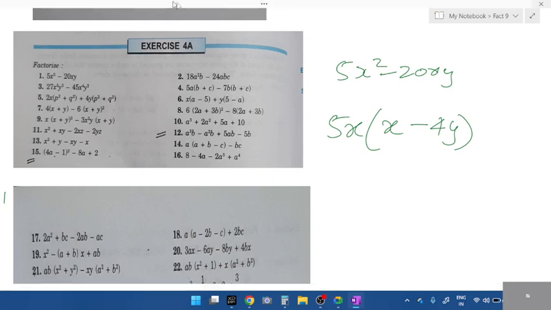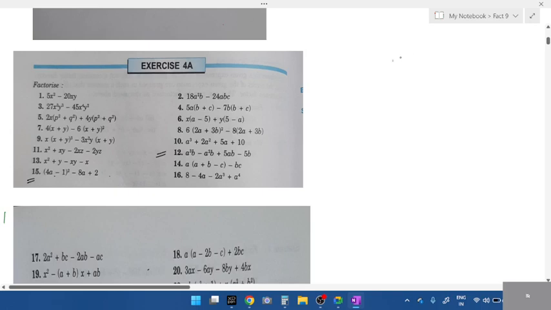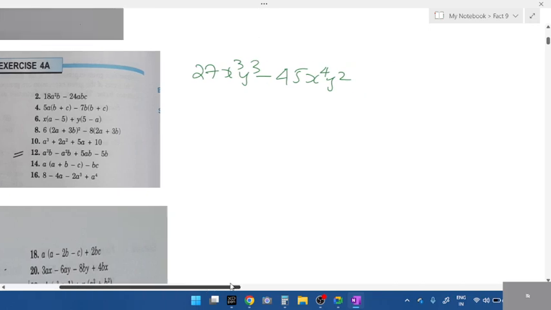Try the third question, students. Take 27 and 45. Find the factors.